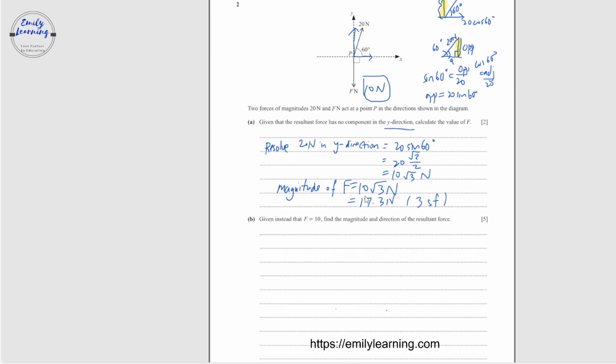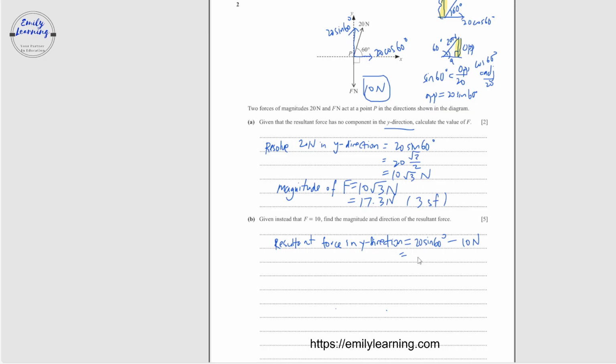So we can find the resultant force in the y direction, and that would be equal to, we know that this is 20 sine 60 degrees, the vertical component, then here is 20 cos 60 degrees. So the resultant force in the y direction will be 20 sine 60 degrees minus F, which is 10 newtons.